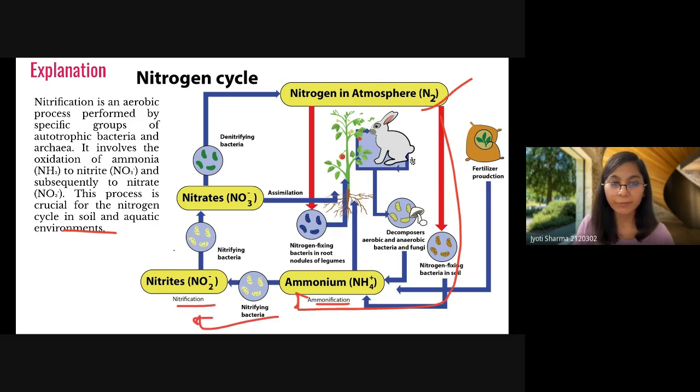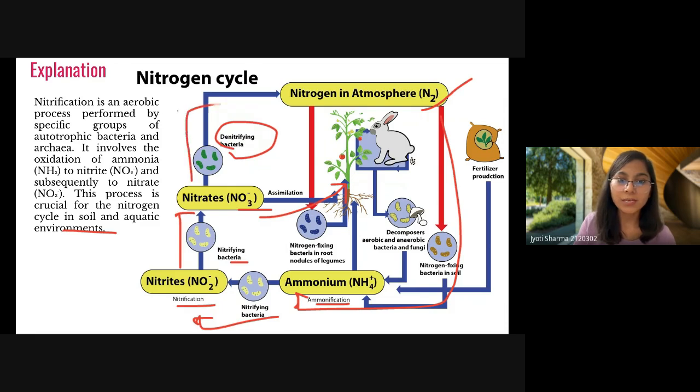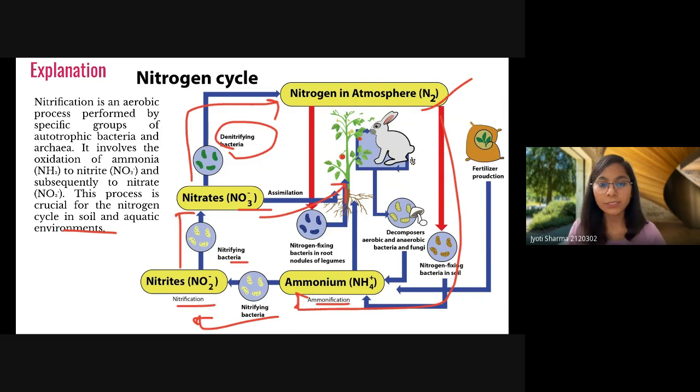We have nitrifying bacteria, and then again some nitrifying bacteria will change it into nitrate, and then this nitrate will be taken up by the plants. And we do have denitrifying bacteria that can again change this NO3 to N2. So just see here, ammonia to nitrite to nitrate, we have the process. That process is nitrification.